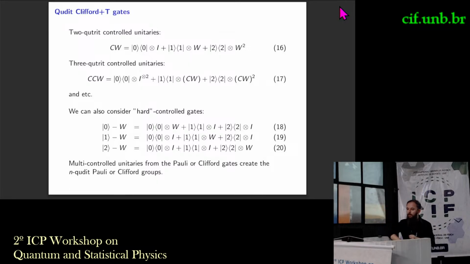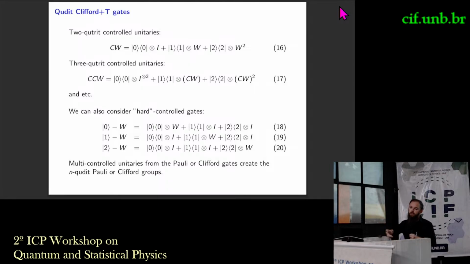Okay, and you can also consider, for the design of quantum circuits, some hard controlled quantum gates. So I would take an example. This W, you just apply if it's 1 in the other subsystem, okay? And you can construct these multi-controlled qudit unitaries from the Pauli or Clifford groups, okay?